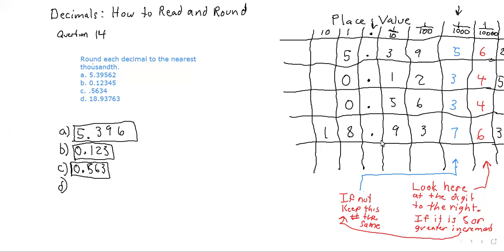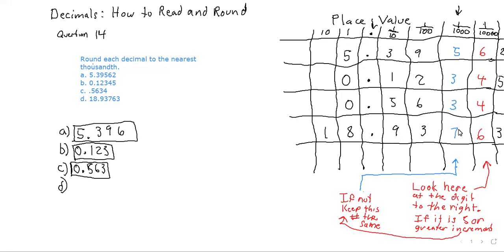Then we're going to do the same thing for the last one, D. The number they've given us was 18.93763. We're rounding to the nearest thousandth, which is all the numbers in blue. And we're going to use the numbers in red directly to the right of it to determine whether or not to increment that number in blue or keep it the same. We look at the number directly to the right of it, and it's 6. And the test is, is it 5 or greater?